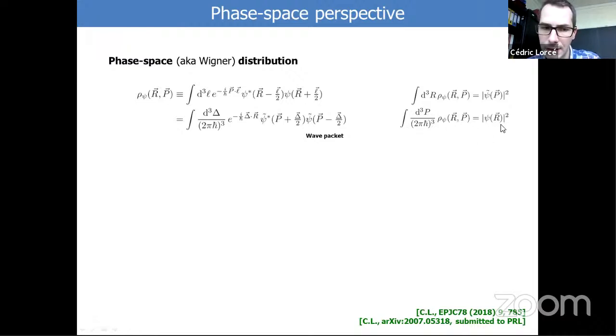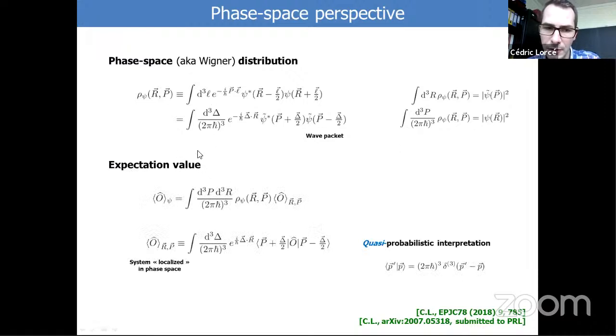And the very nice thing is that if you take the expectation value, the average value in any state, you can really write, like in statistical mechanics, the expectation value of an operator as just the integral over all phase space of a phase space density, which describes how the system is localized in phase space, times a matrix element, which essentially represents the internal quantity of the system, which we can interpret as localized at the same time in position and momentum.